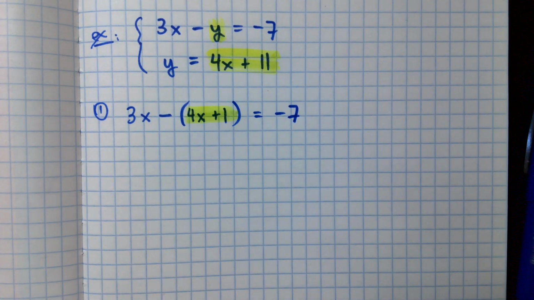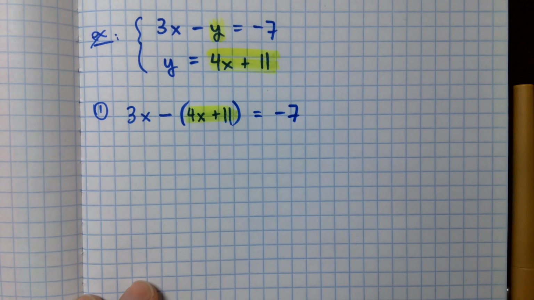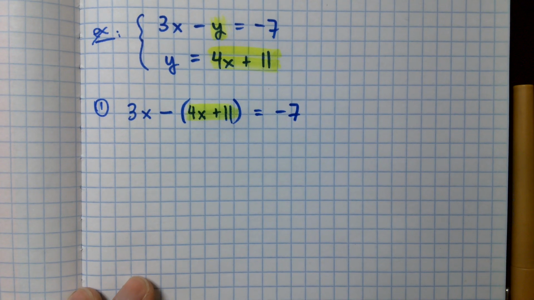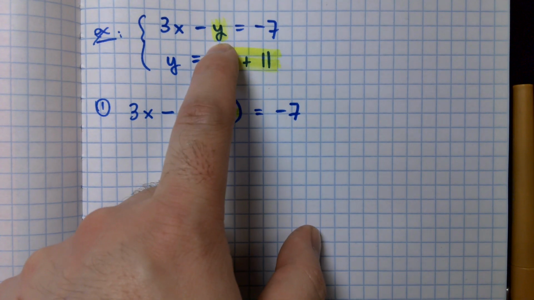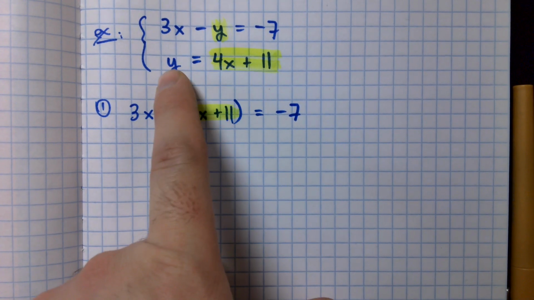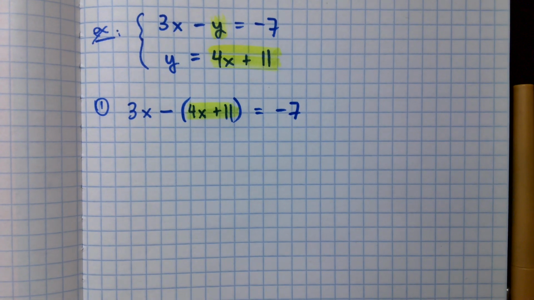What did I say? Oh, 11? Yeah. My bad. Thank you. Don't make mistakes, guys. Okay. Do you see what I did? I took out this y and substituted it with what I know y is equal to, and that's 4x plus 11.